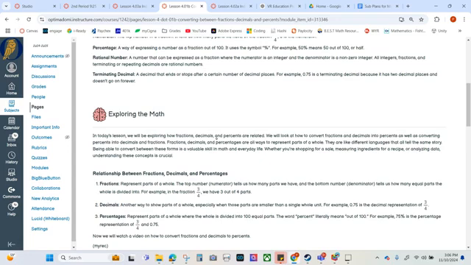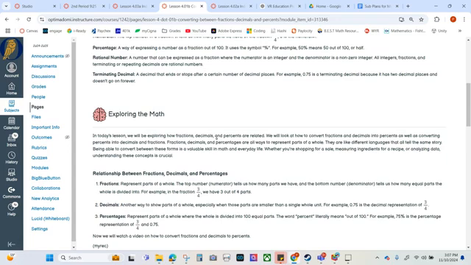All right, relationships between fractions, decimals, and percentages. Fractions represent parts of a whole. The top number, the numerator, tells us how many parts we have, and the bottom number, the denominator, tells us how many equal parts the whole is divided into.